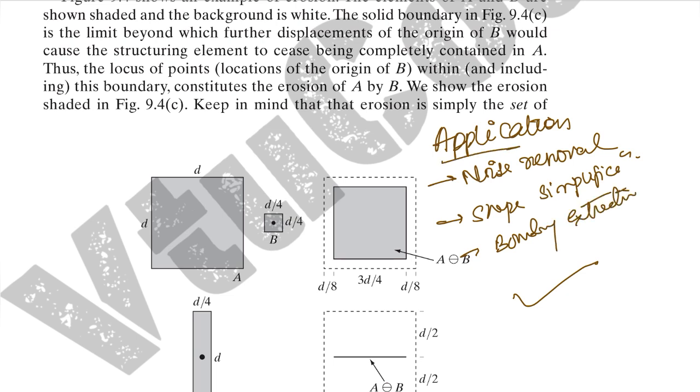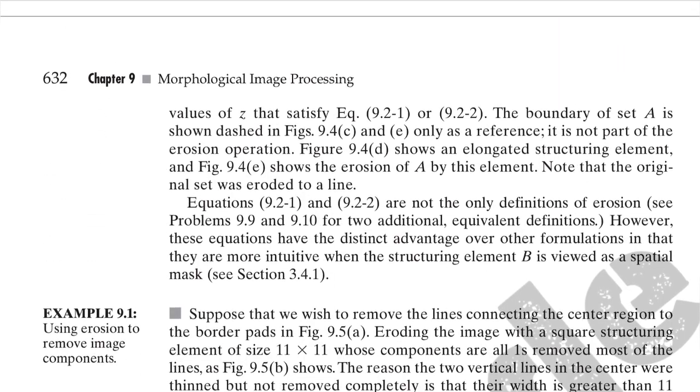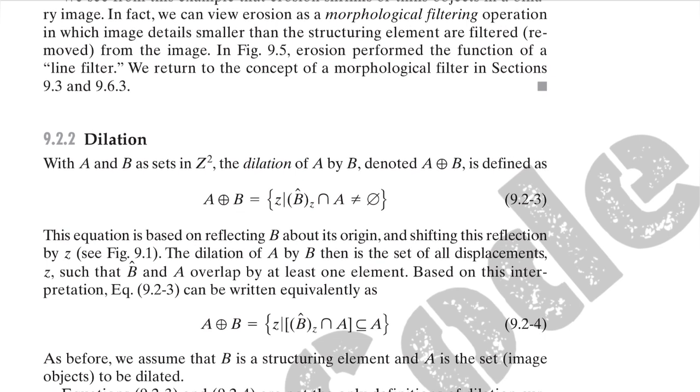Next we have dilation. What is dilation? Just the opposite of erosion. Dilation is an operation in image processing where an image is expanded by another set B, the structuring element. It grows or thickens the objects in a binary image.